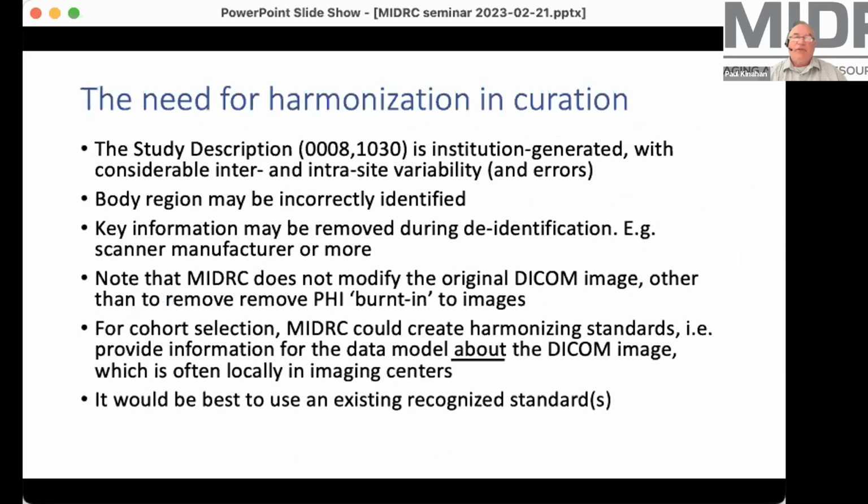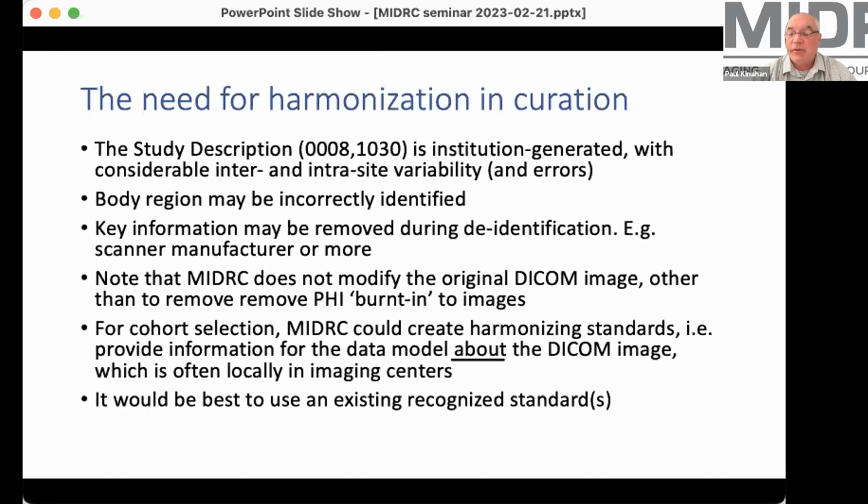So just a bit more detail about the DICOM format. The one particular element, the tag group 8 element 1030, is the study description. This is institution generated locally. Sometimes it's standardized, sometimes it's not. Even if it is standardized, it can be modified on the fly to try to collect variants. And sometimes it just has mistakes as well.